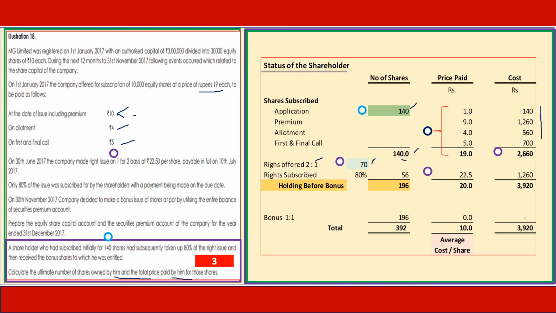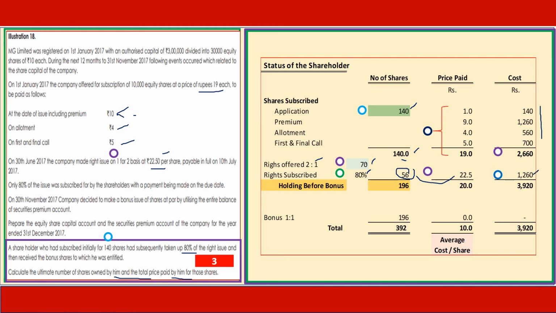He had to pay for whatever he applies for at the rate of 22.5, but he subscribed only to the extent of 80%. When he subscribes 80% of 70, it is 56. 56 into 22.5 is 1,260.